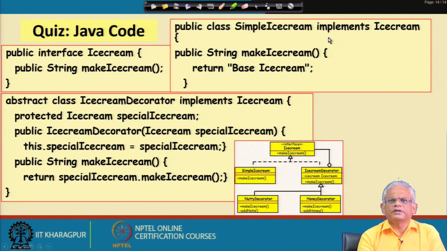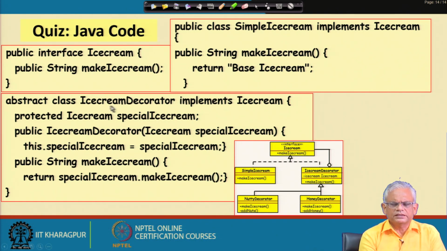Simple ice cream implements ice cream. So, this is the ice cream interface, which is just having the method make ice cream, and then the simple ice cream implements the ice cream interface, and here it just writes basic ice cream. We can have a graphic drawing of the simple ice cream.